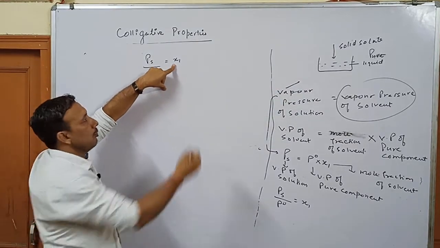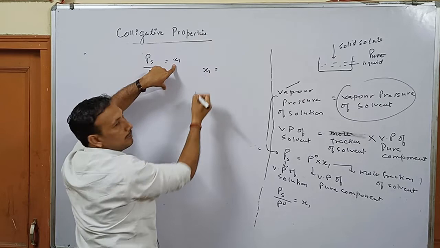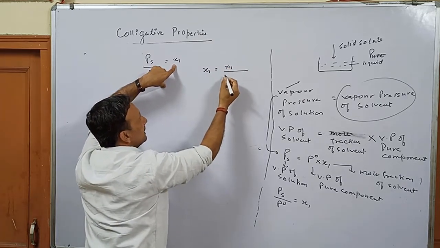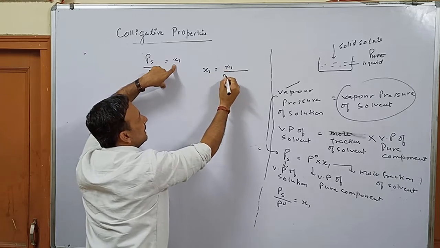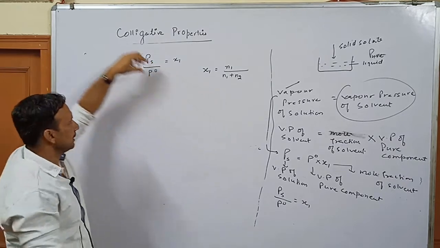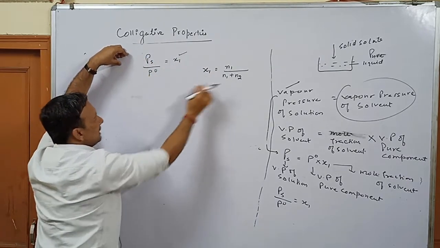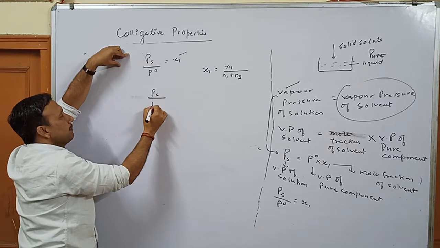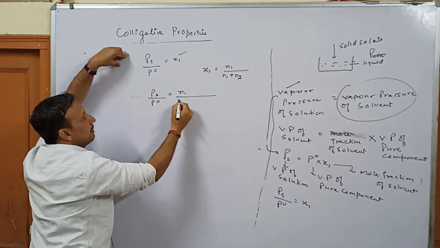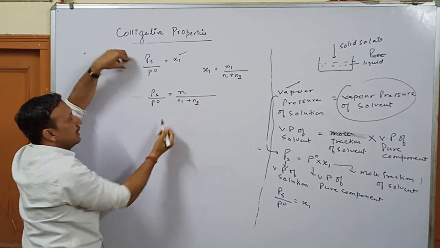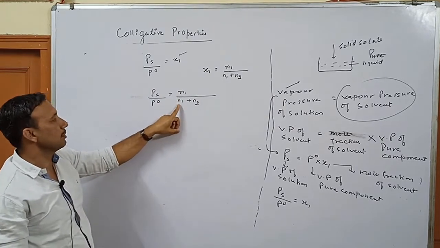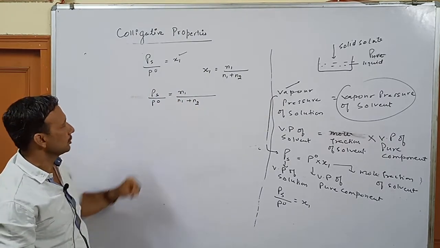X1 is the mole fraction of the liquid component which is volatile, and mole fraction can be calculated as the number of moles of this component divided by the number of moles of solute plus the number of moles of solvent. So replace X1 by this value: Ps by P0 is equal to N1 by N1 plus N2, where N1 is the number of moles of solvent and N2 is the number of moles of solute.